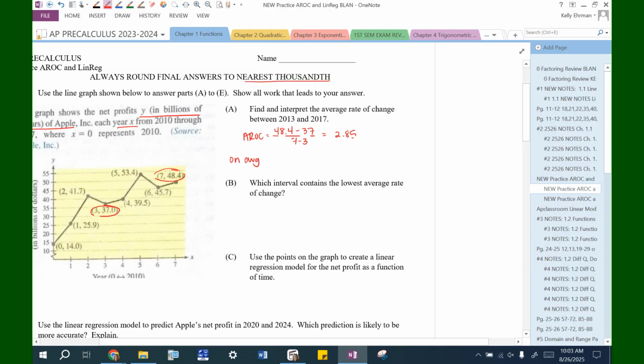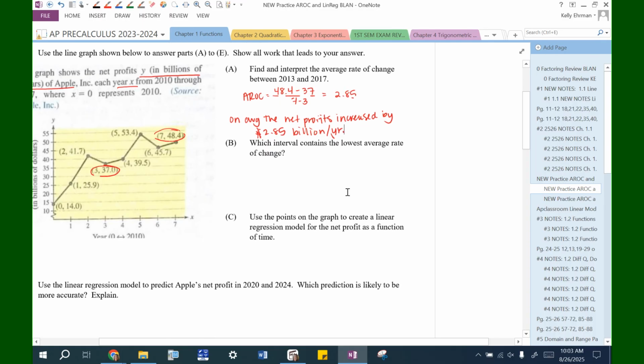On average, the net profits increased by 2.85. This is a dollar amount in billions, and that's happening per year. You have to have the phrase on average because that's not the true slope between every consecutive year.